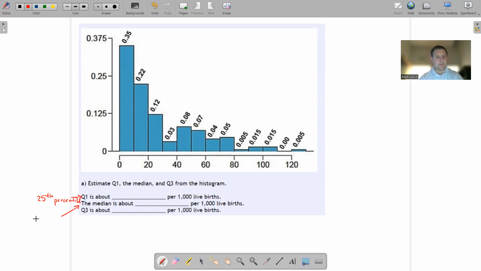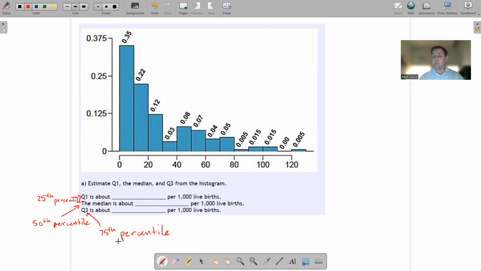The median is the 50th percentile. And the third quartile is the 75th percentile. All right, so I point that out first because calculating percentiles is going to be the key to answering this question.